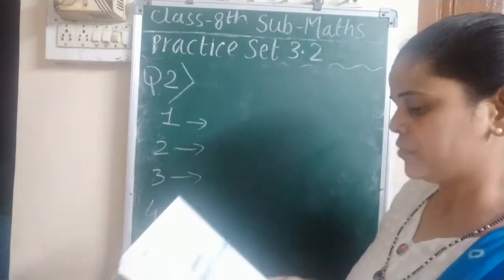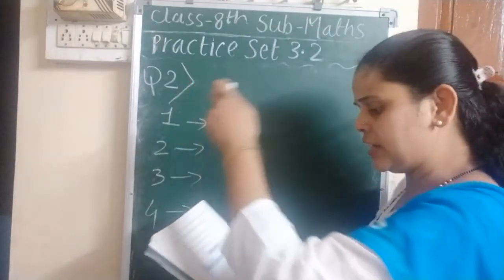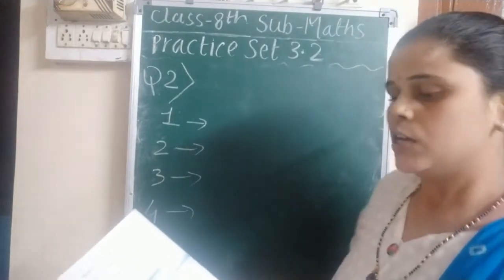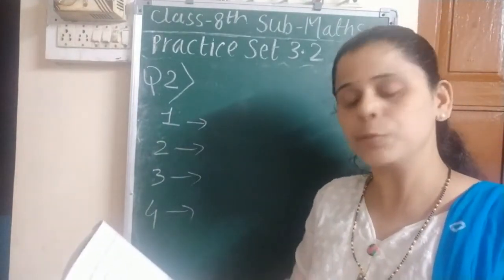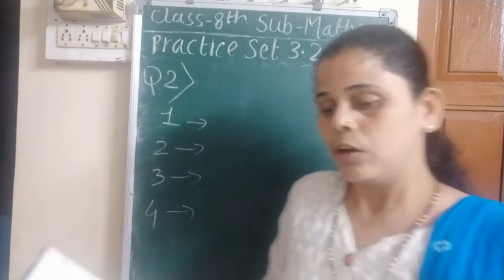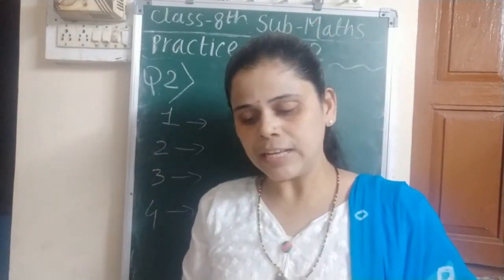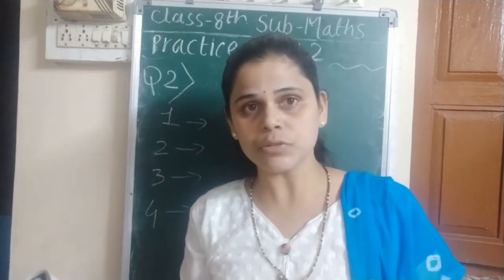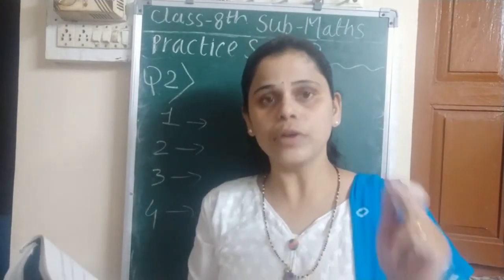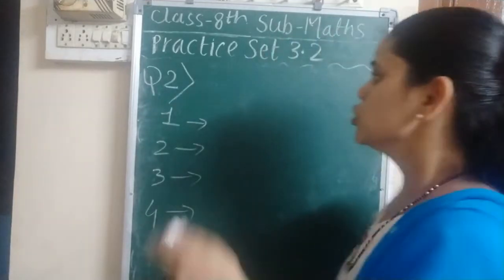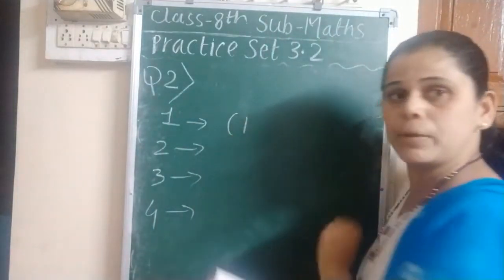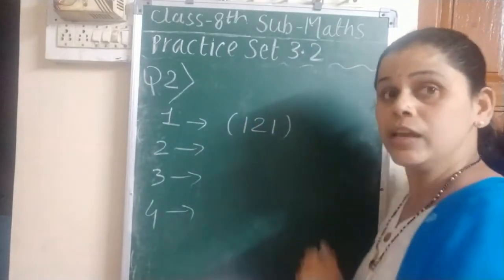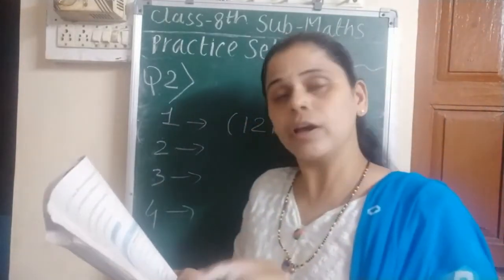The question number 2. Write the number in the form of rational indices. The first question is square root of 5th power of 121. Open your textbook and open page number 16. So first write your base number, and your base number is 121, and then check square root.